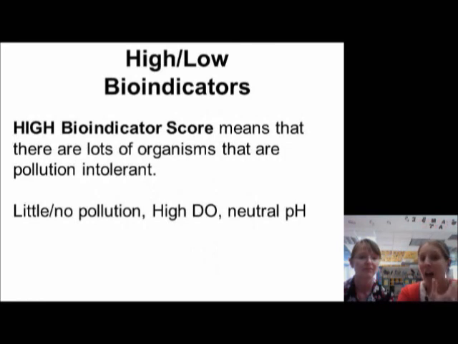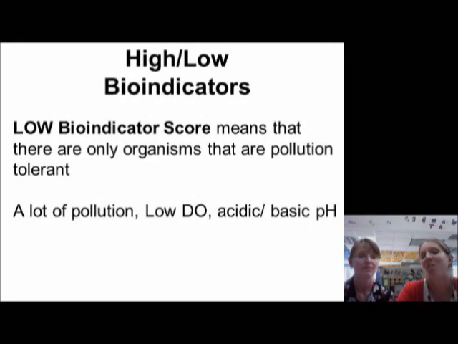If we see a lot of bioindicators that are pollution intolerant, meaning they can't take any pollution, we know that our water is pretty healthy and that it must have good dissolved oxygen, good pH, all this other stuff must be good. Whereas if we see low numbers of bioindicators, we know that there might be a lot of pollution, only pollution tolerant organisms can live there, the pH might be bad, the dissolved oxygen bad. And we really have to look at our chemical tests to verify what's going on.